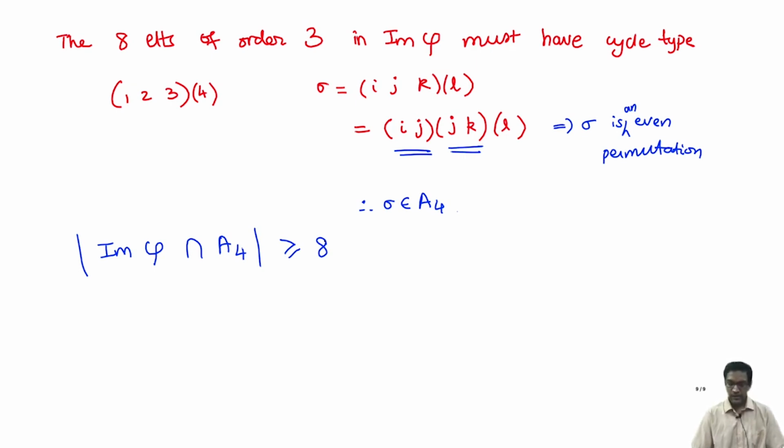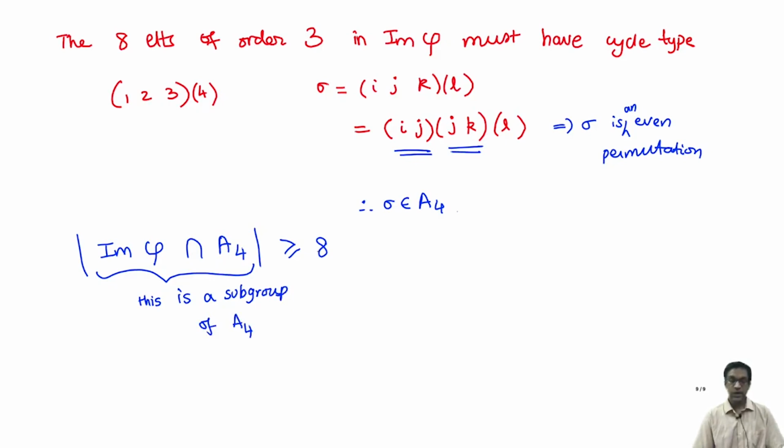Now again, it's a simple counting argument. Observe that the image of a homomorphism is a subgroup, so this is an intersection of two subgroups of S4. So this is a subgroup of A4.